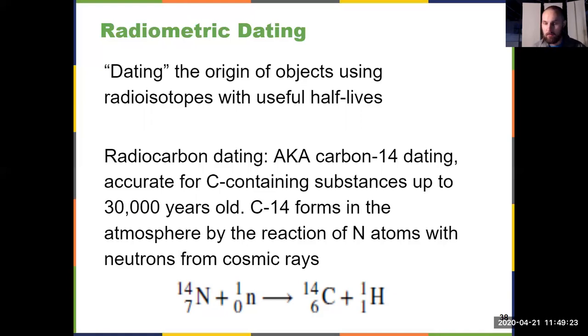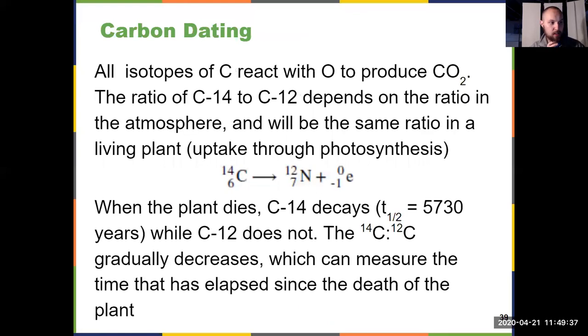When nitrogen, which is most of our atmosphere, right, 78%, reacts with neutrons, which come from cosmic rays, that forms our carbon-14, which is radioactive. Okay. And then that carbon-14 eventually decays, right? But in the meantime, when that carbon-14 is produced, any type of carbon can react with oxygen to produce CO2.